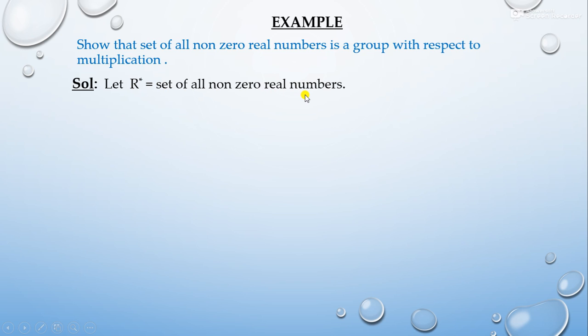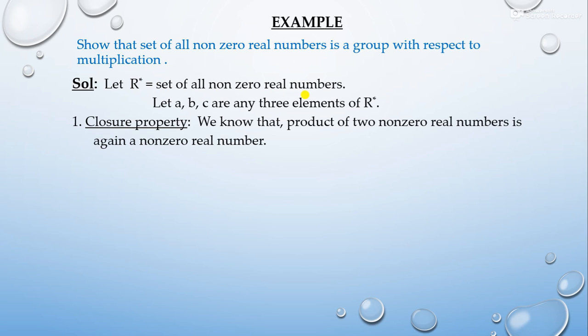The first property we check is the closure property. The product of two non-zero real numbers is again a non-zero real number. You can check that. So a multiply b always belongs to the real numbers if a, b belong to R. So this holds the closure property.